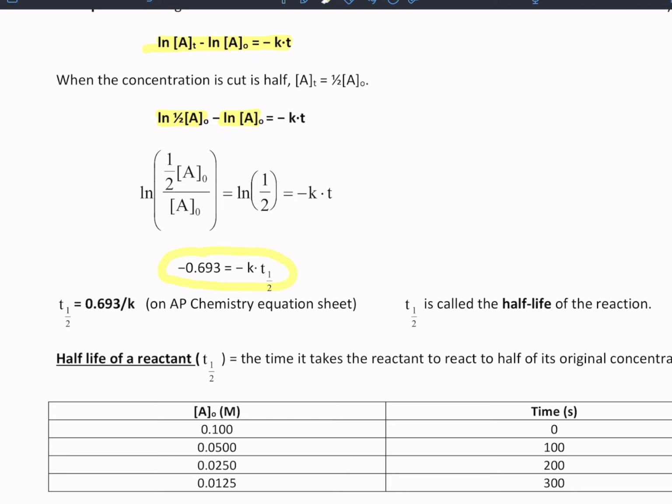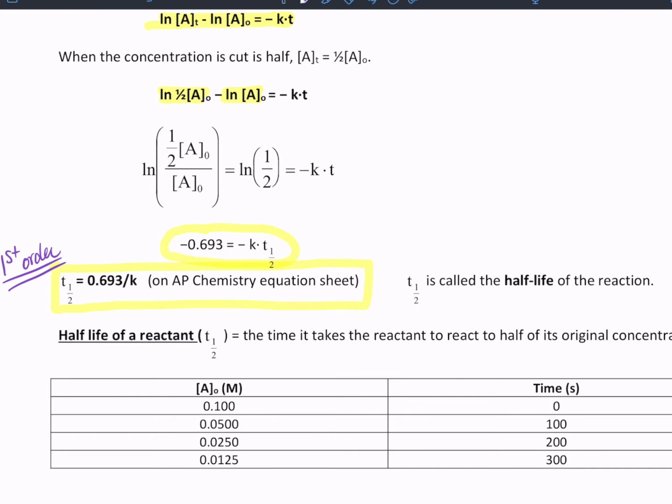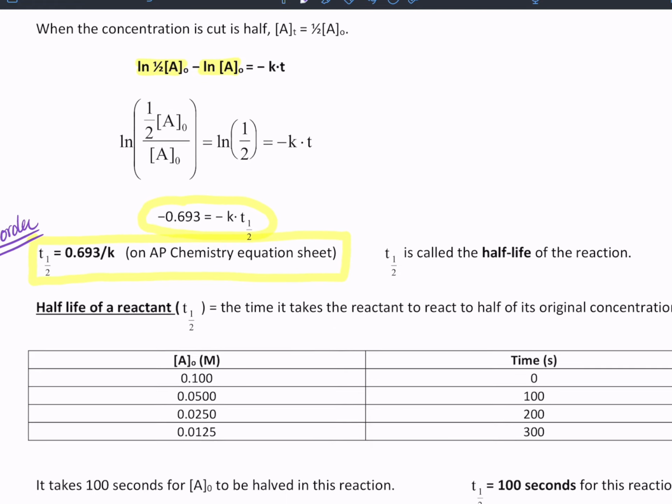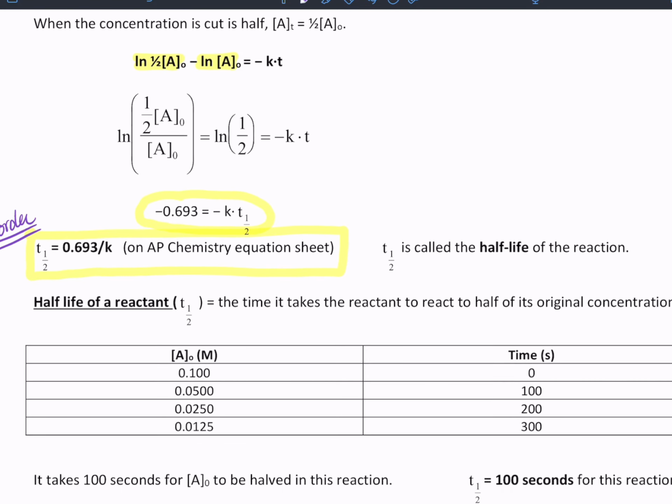On your equation sheet, we're going to get this half-life equation of t 1/2 equals 0.693 over k. Again, this is going to be for first order reactions. The good news is that you don't have to derive this again. This is going to be given to you when you need to calculate the half-life of a first order reaction. A half-life is just the amount of time it takes for the original concentration to be cut in half.